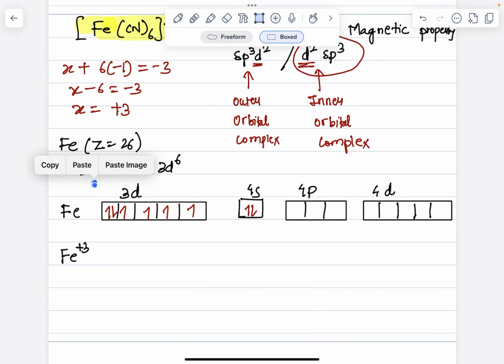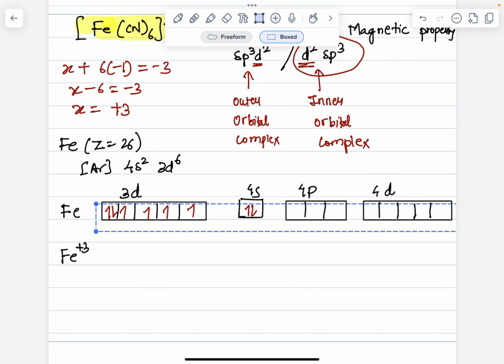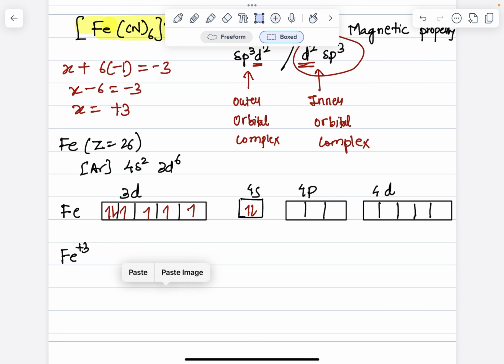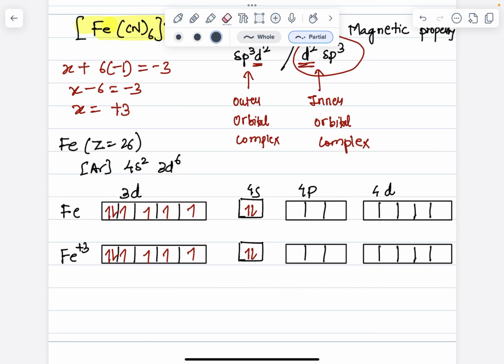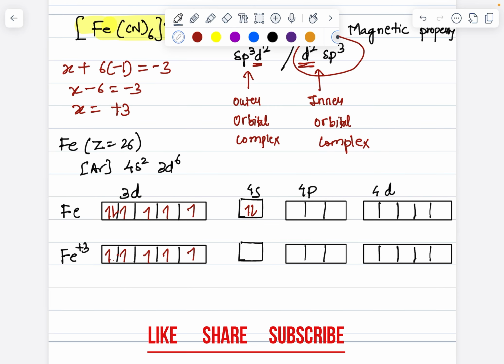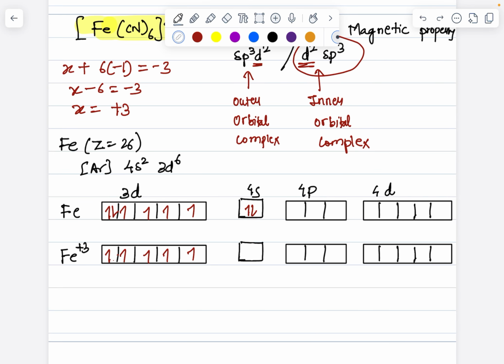Which are those? You remove the 4s electrons, and the electron which entered last, the pairing electron. You have to remove 3 electrons, so you remove these 2 and this 1.